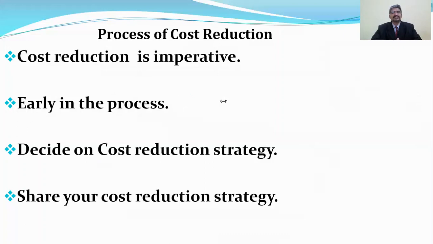Decide on a cost reduction strategy, how we are going to plan the strategy, the action plan. Using parts of each strategy, an optimal organizational cost reduction strategy may often be constructed. And a good cost reduction strategy should achieve reduction with the minimum impact on employee morale. While reducing the cost, employee morale should not be affected.